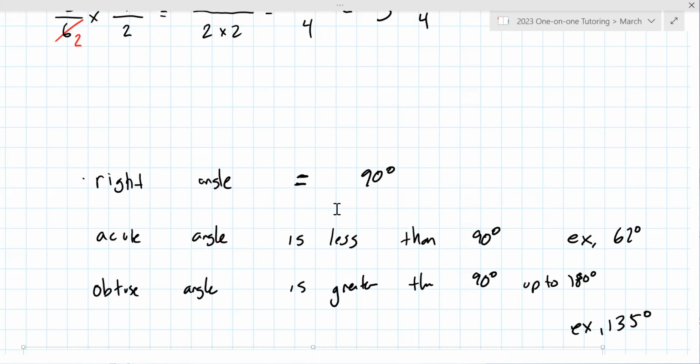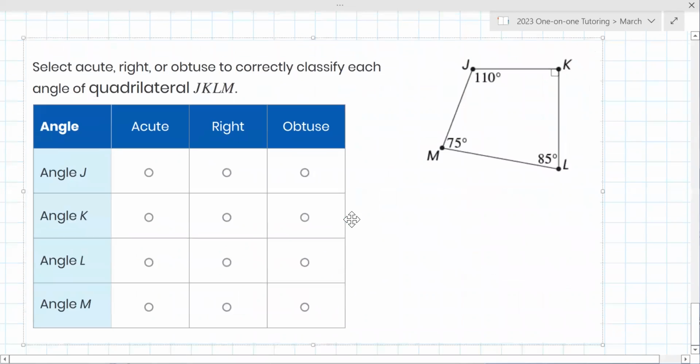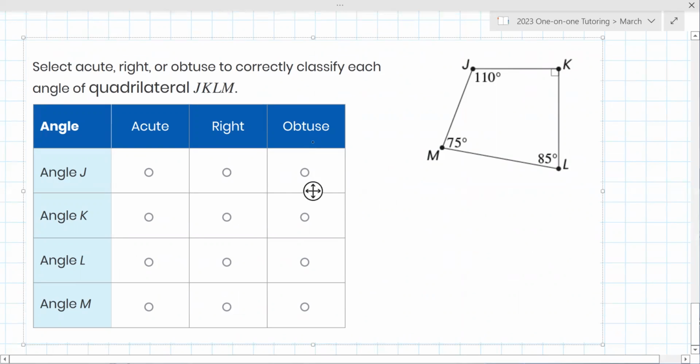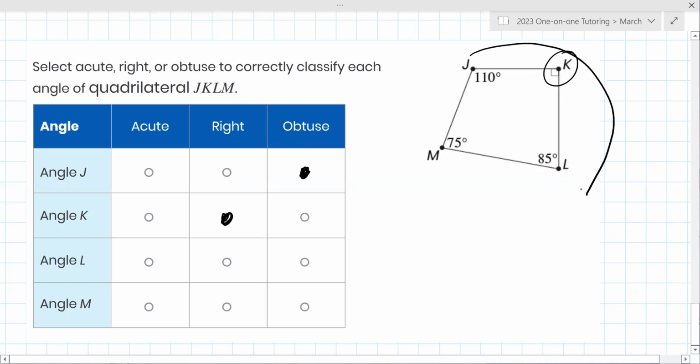All right, so what did you come up with for angle J? Angle J is 110 degrees. So angle J is obtuse. Yeah. Let's go to the next angle, angle K. Angle K there. All right. It's a right angle. And then angle L, so we're kind of going down this direction.